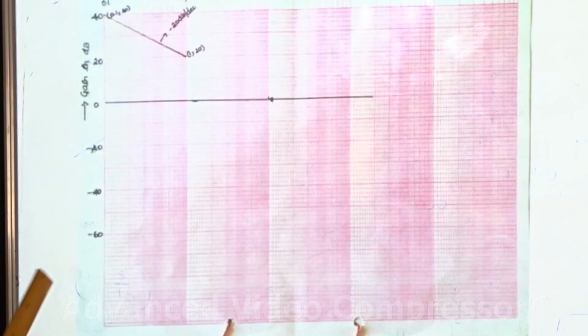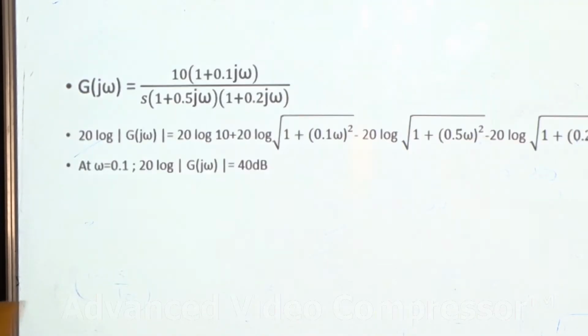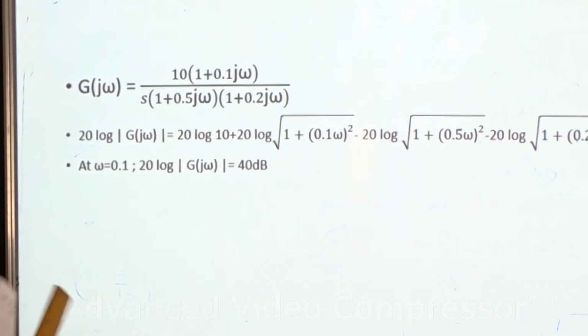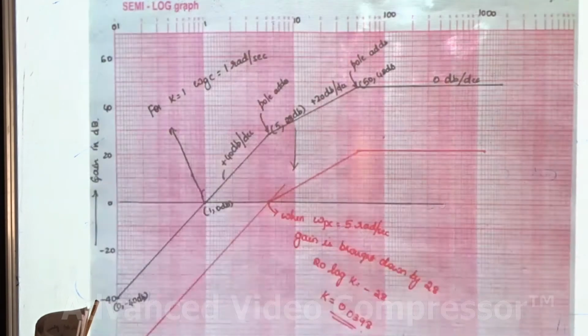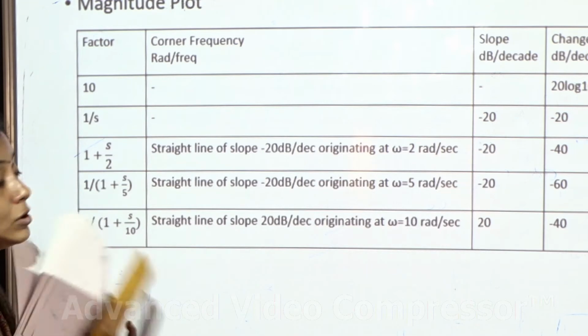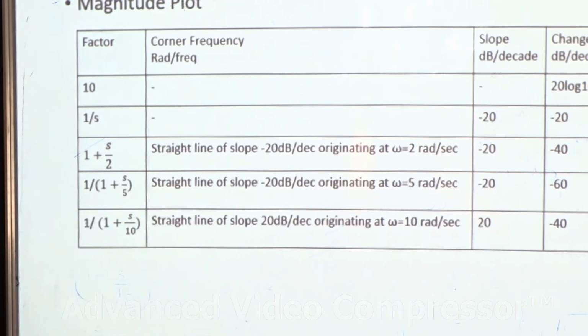Now let us see how to plot. How did we come to the conclusion that it has to be started from 40? Either you take the lowest corner frequency, which we saw was 2, isn't it? So any value previous to that lowest value can be 0.1.